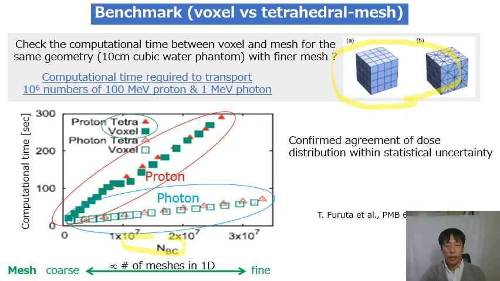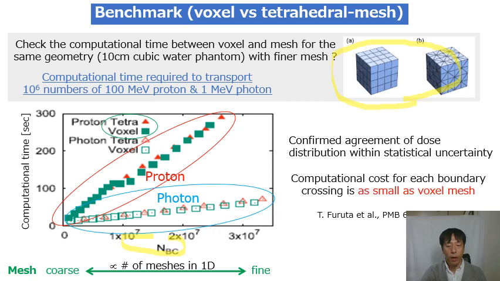Triangular symbols indicate the result of a tetrahedral mesh, and square symbols indicate the result of voxels. As you can see, the computational time for tetrahedral mesh is almost equal to voxels. This means the computational cost for each boundary crossing for tetrahedral mesh is as small as voxel mesh, which is supposed to be one of the best.